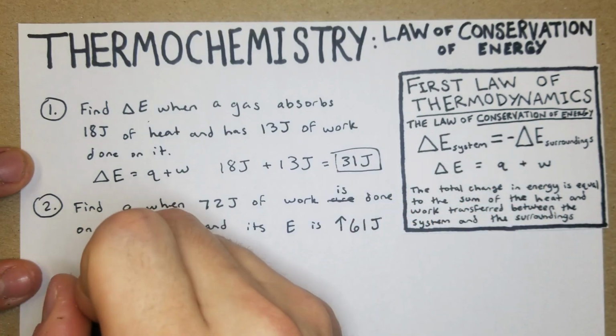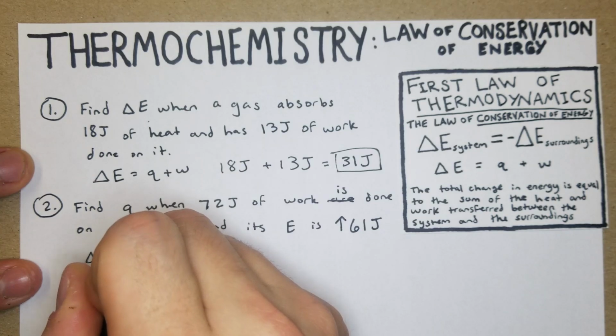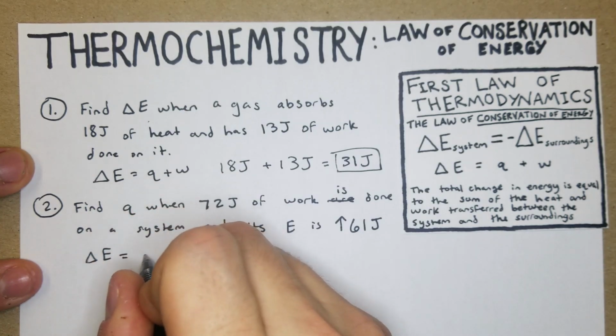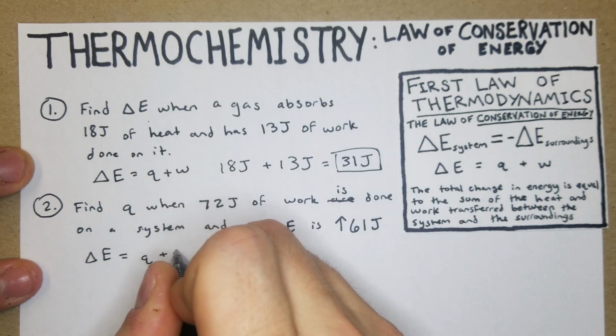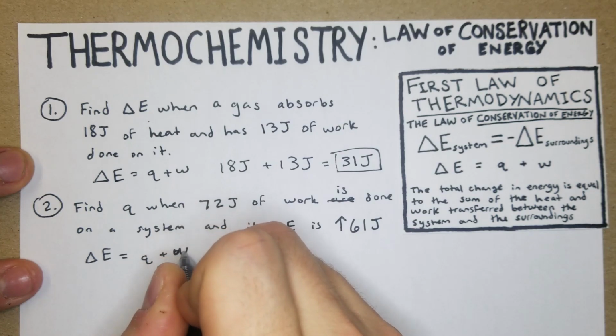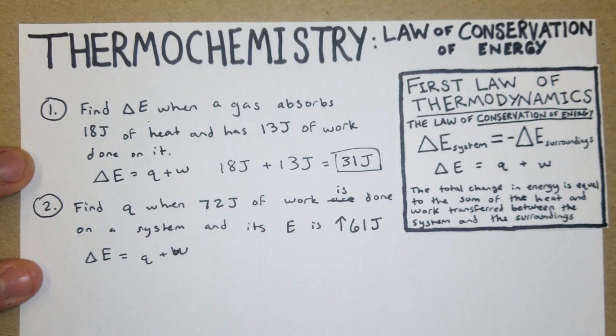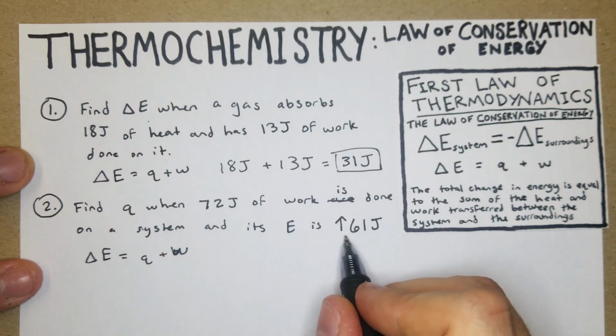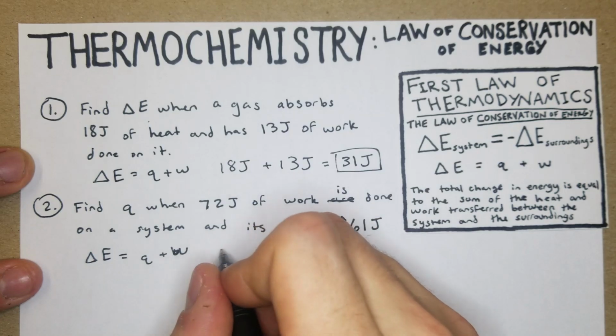So first off, we'll jump right back to that formula that we used before. Delta E equals Q plus W. And from there, we're just going to plug in our numbers. So first off, we have the increase of 61.